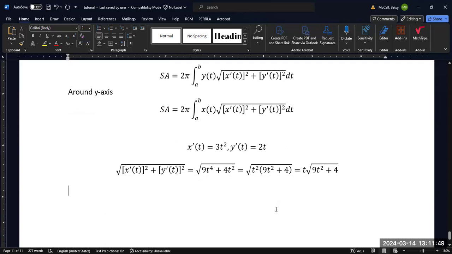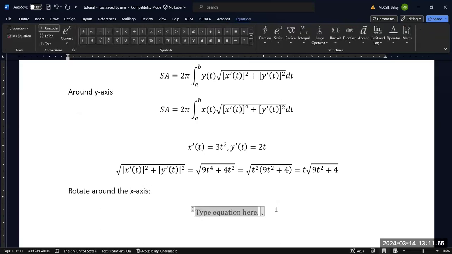And then if we're going to rotate around the x-axis, then our integral would look like the following. 2 pi is out front, and we're going to integrate between -1 and 1. Our y function, because we're going around the x-axis, was t squared minus 1.